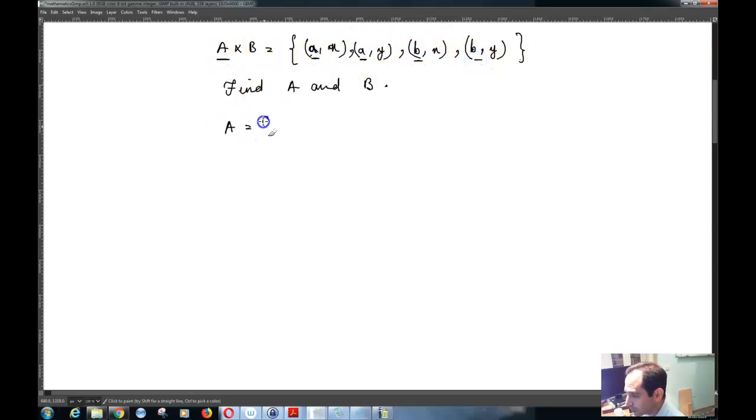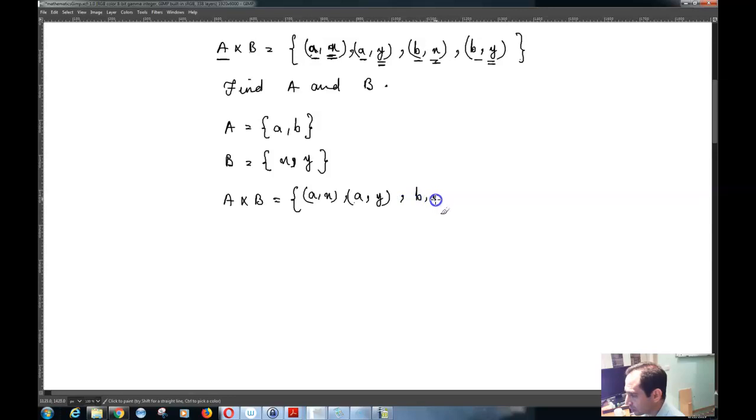So you can say A is equal to A comma B. And all of these second elements come from B. So you can write B is equal to X comma Y. And of course if you calculate A times B, the Cartesian product of the two sets, you would get A comma X, A comma Y, B comma X, and B comma Y, which is the same thing that you have over here. So these are the two sets that you have.